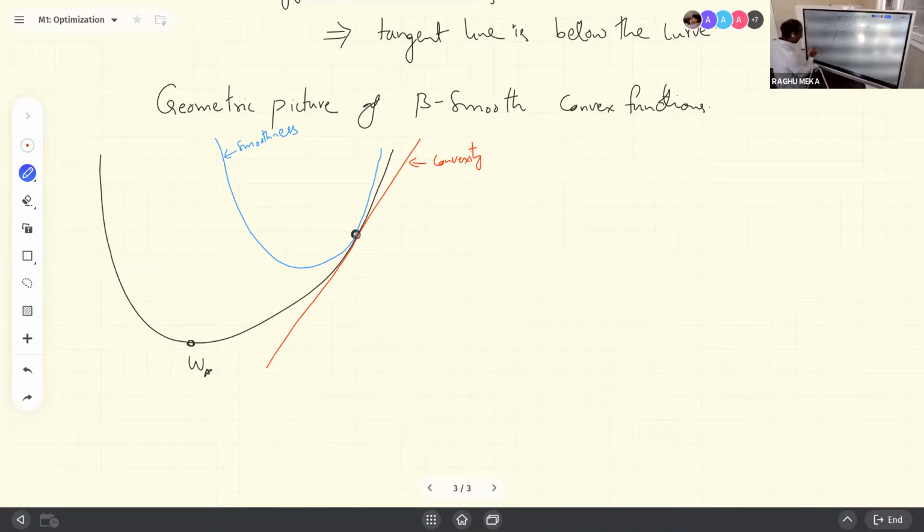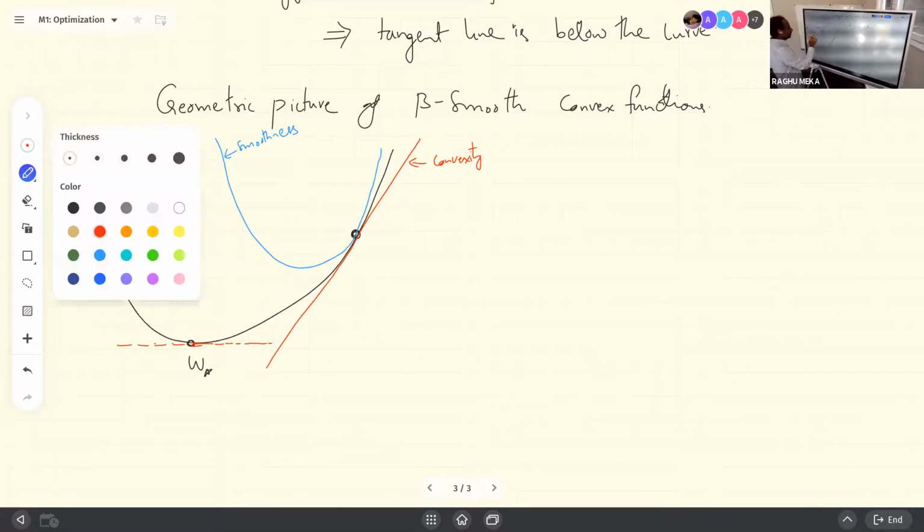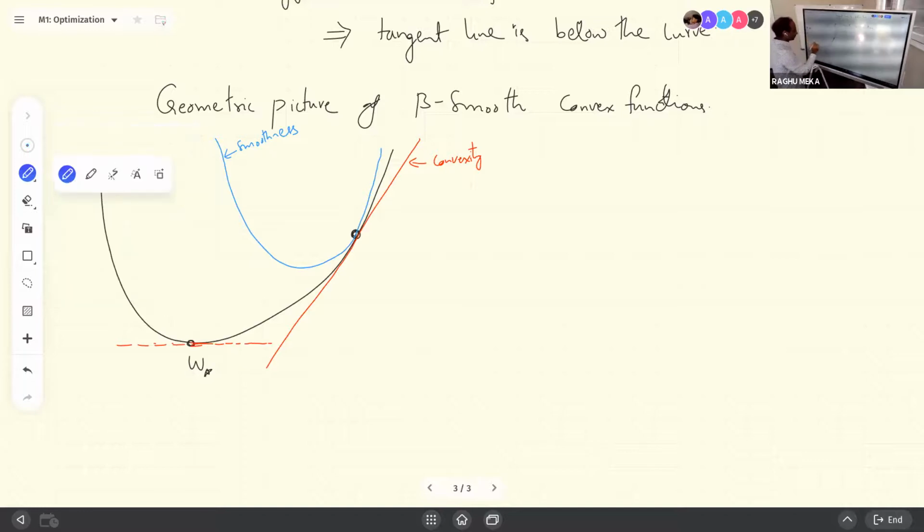Maybe let me use dotted, to distinguish from the other thing. But the parabola could still be useful. Right?